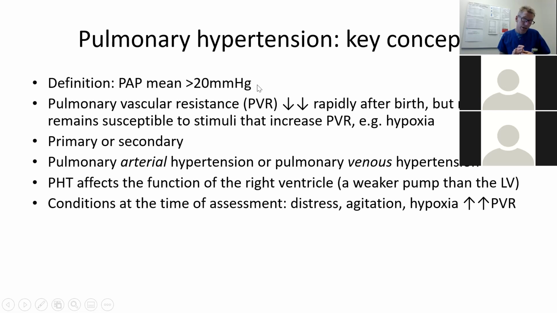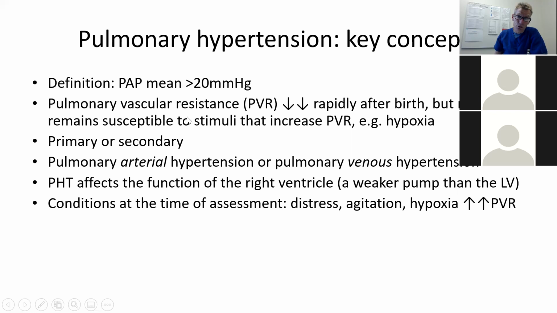But children who have severe pulmonary hypertension usually have a pulmonary artery pressure that's more than half their systemic pressure. And sometimes it's equal to their systemic pressure. And that can be very serious if they've got a PA pressure, a pulmonary artery pressure, that's equal to their systemic pressure.